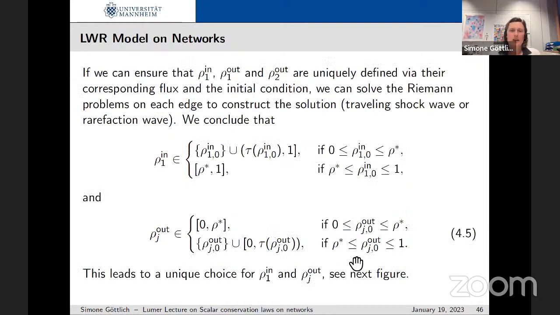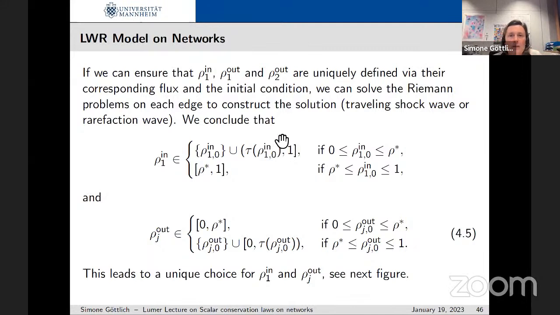since now we know the solution of the maximization problem, but we have to ensure that the flux values correspond to the right density values. The density values need to be uniquely defined, and that's why we have introduced the function tau to solve this problem.